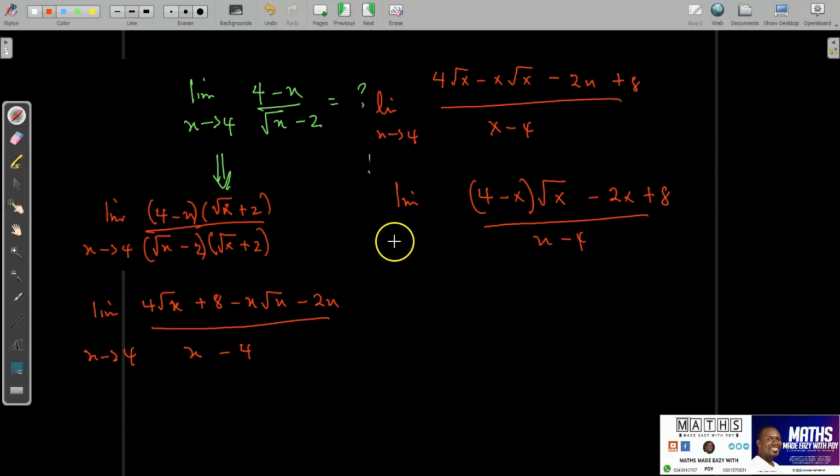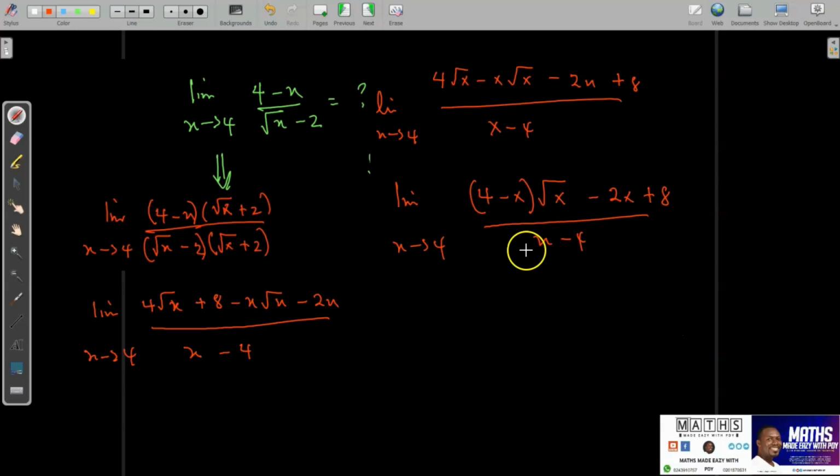Can you go further with it as x approaches 4? Look at it carefully. What can you do? I think you should take negative 2x plus 8, then factor 2 out.